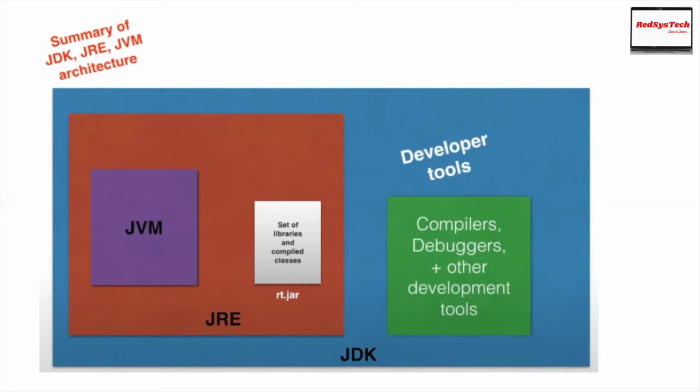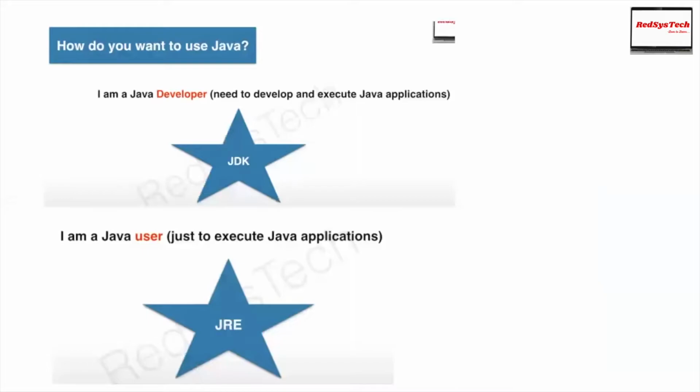So if you have 8 GB of RAM, you will see how much memory is consumed by the program versus the 16 GB RAM laptop. You will see the performance difference because the JRE, the JVM, sits on the RAM. That is the reason they say the minimum requirement for a developer to have JDK installed on their machine is a minimum of 4 GB of RAM, something like that. There is some configuration. So this is basically a summary of JDK, JRE, and JVM architecture.